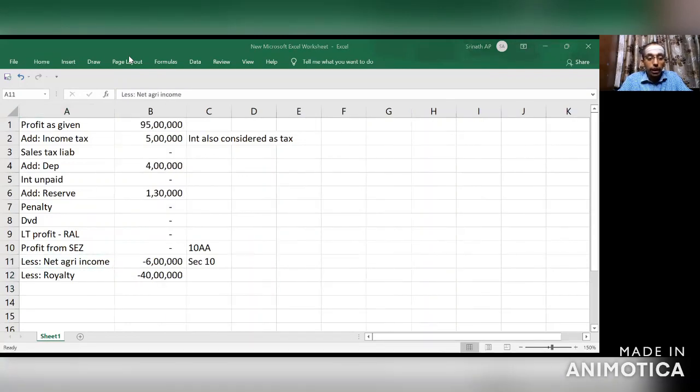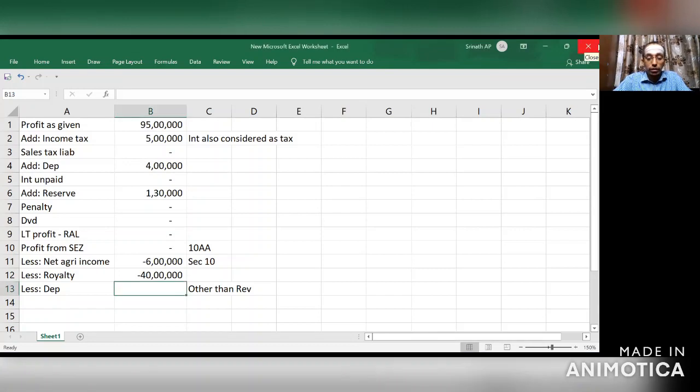Then depreciation. The problem gives you depreciation as per the Income Tax Act. Not at all relevant. It has to be ignored. Then less depreciation other than revaluation. The total depreciation you have got in this problem is 4 lakhs.